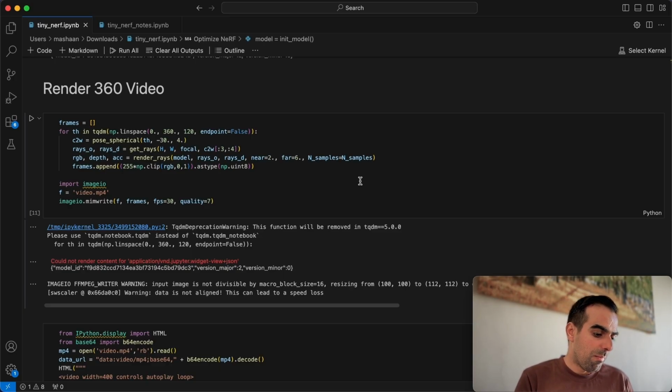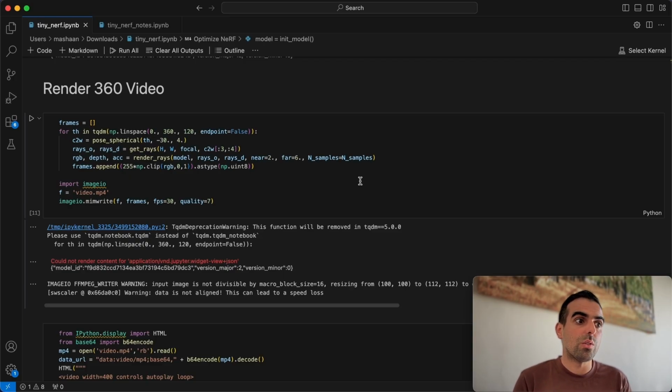Also, there are some efforts to change the rendering process completely. Gaussian splatting, which is much faster than NeRF, doesn't follow this ray casting technique. It basically initializes Gaussians in 3D and tries to optimize these Gaussians to match the 2D images. So these are the research directions.